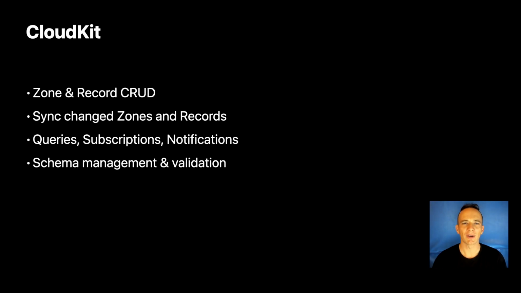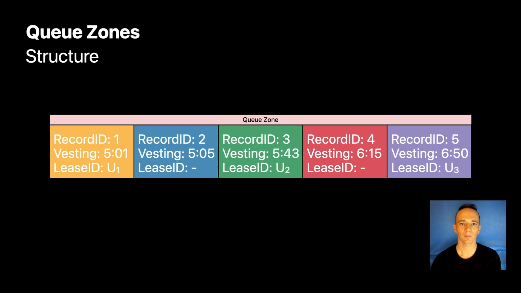CloudKit supports a range of APIs that allows changing records and zones, syncing data between devices, querying data, registering for change notifications, and more. Unlike many other mobile backends, CloudKit supports schema evolution and validation, which helps app developers manage their data. Next, we'll tell you about a new type of zone we created in CloudKit, which exposes queue APIs rather than CRUD. This new type of zone is used directly by some CloudKit clients and is used as the basic building block in QuiCK's design.